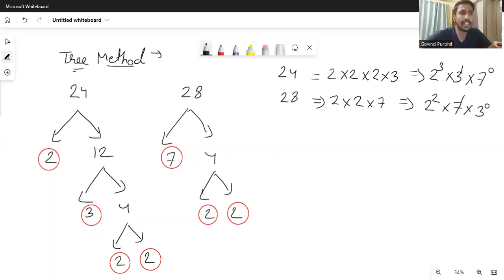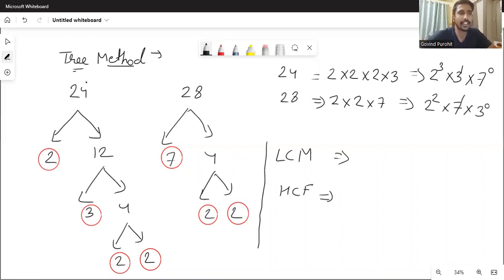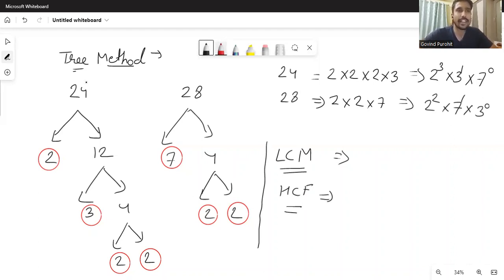Now finding LCM and HCF is very simple. We can simply take the biggest powers for LCM. I repeat, the biggest powers in LCM and the smallest powers in HCF. So here we see the biggest power of 2 between these two is 3.